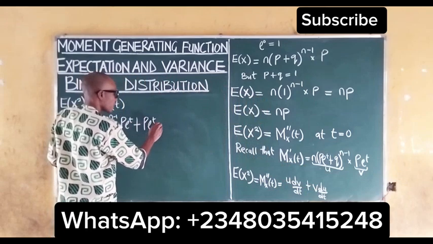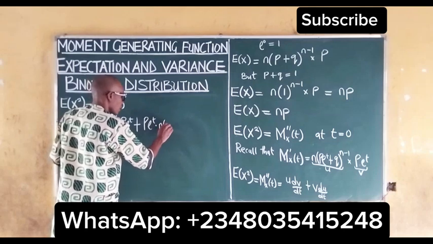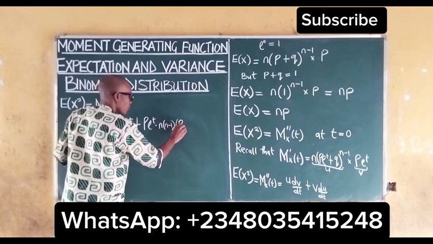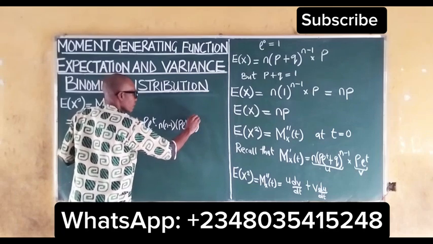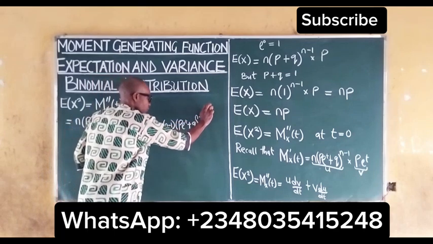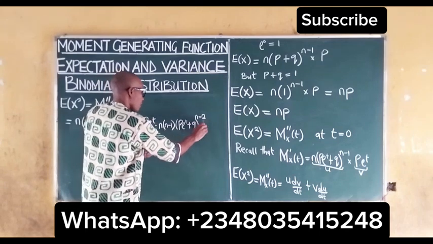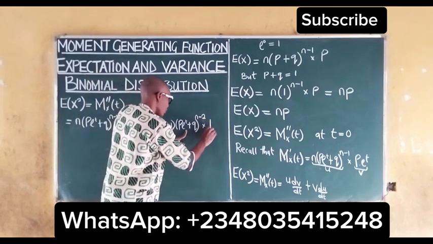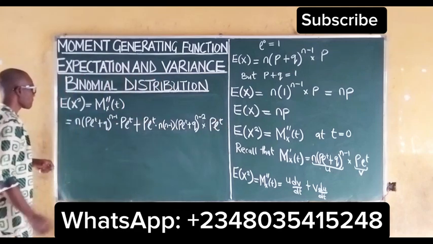If we differentiate that, we get n into n minus 1 into (pe^t + q) raised to the power of n minus 1, which is minus 2 now, so we have n minus 2. We also differentiate what is inside, which is pe^t. So this is what we get.